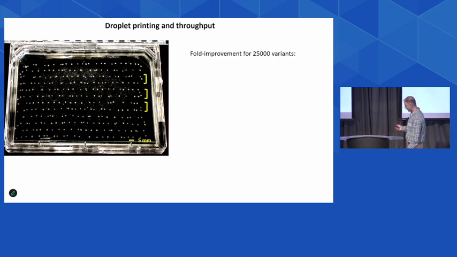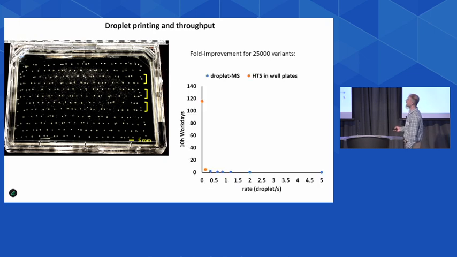And a little bit about the improvement that we can get over well plate counterparts and a rapid screening technique based on well plates. Typically for an evolution cycle of 25,000 variants, with a well plate LCMS screen, you would take, expressed in 10-hour workdays, almost 120 days to complete this evolution cycle.